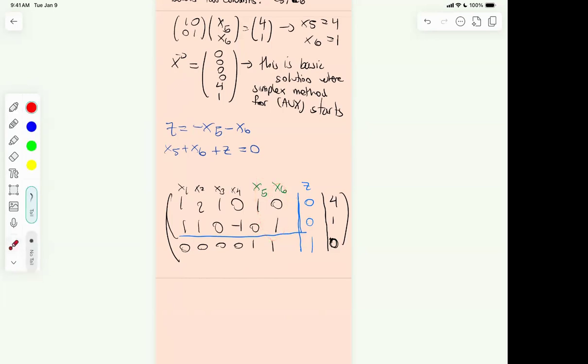The rule is that if the basis is this, any number in those columns except this one and this one has to be 0. If the columns are x5 and x6, a 1 can only appear one time, and here a 1 is appearing two times, one here, and one here and here.